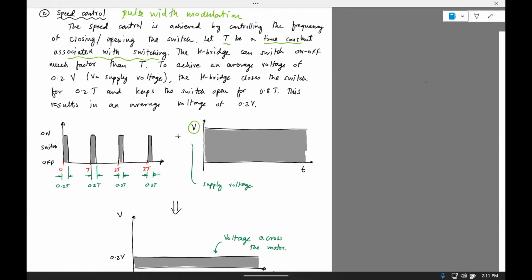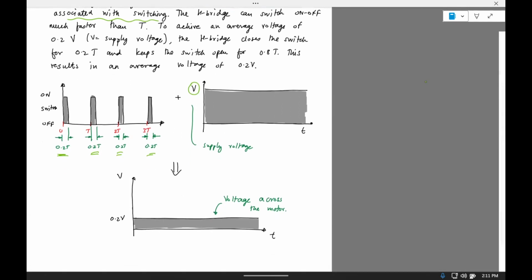Let's say that there is a time constant T, and you decide to keep the switches closed for 20% of the time. So 0T, 2T, and 3T is the time constant, and you keep the switches closed for 20% of the time. Then this is clearly the supply voltage.